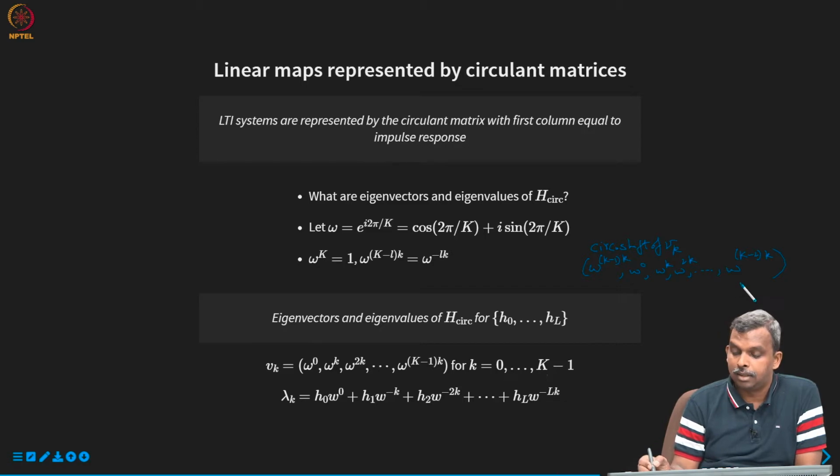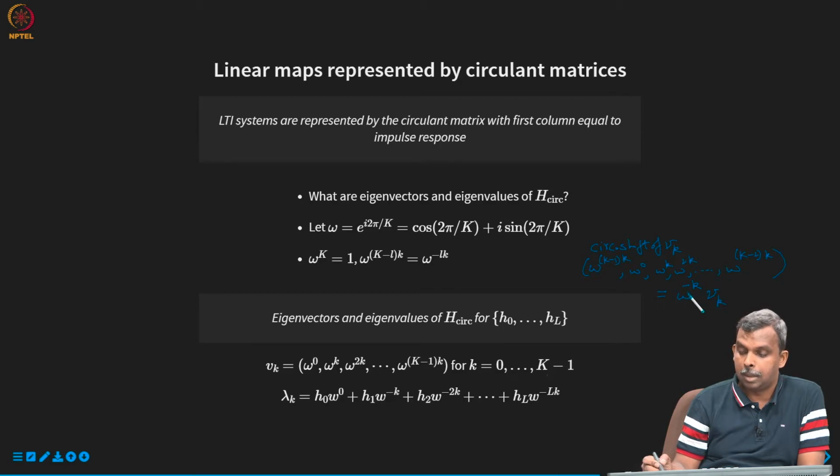This is the circular right shift of V_k. If you want, you can do a circular left shift also; both are the same. Now, what is this? If you look at it very carefully, you will see that this is nothing but omega^(-k) times V_k.